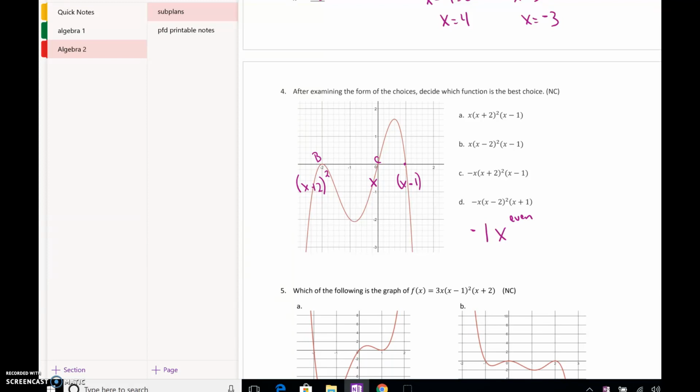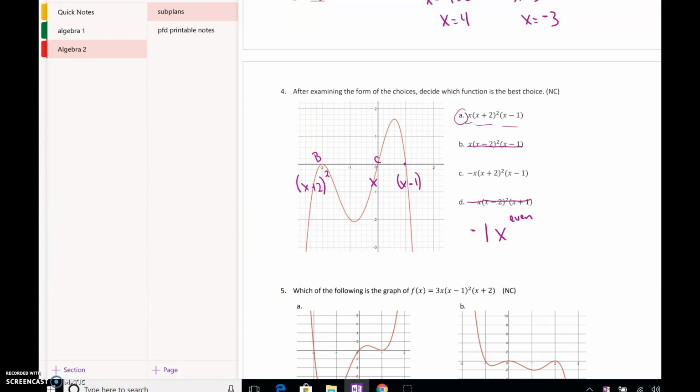When I look at my answer choices, the first one looks pretty good, because I've got an x plus 2 squared, and I've got an x minus 1. As I go through my choices, the factors definitely don't match here, and they definitely don't match here.